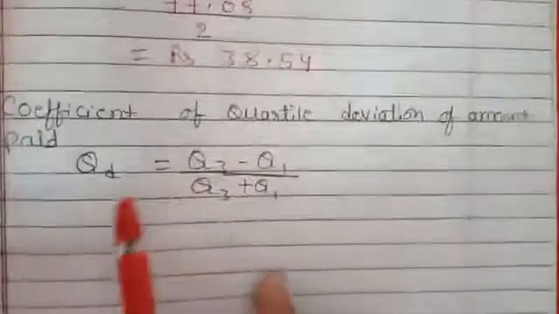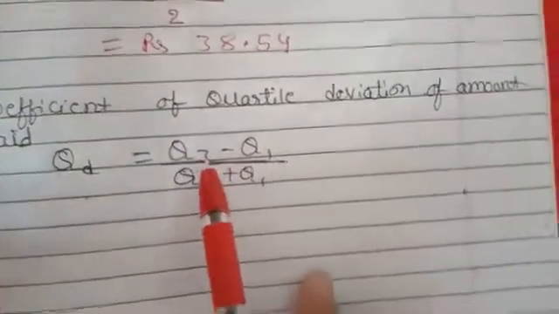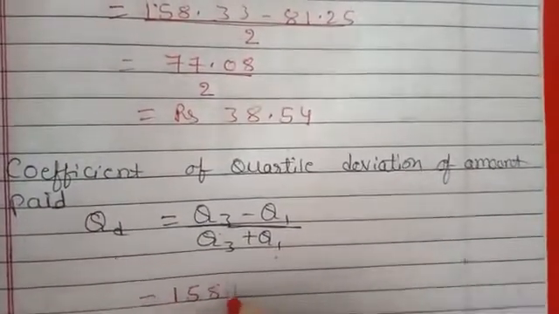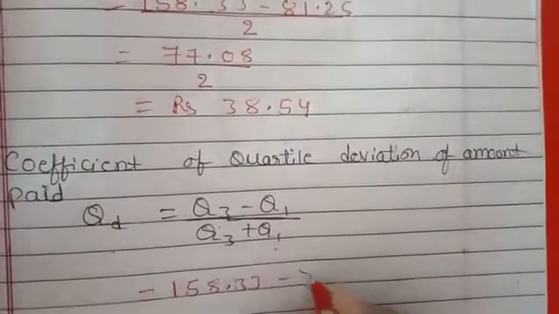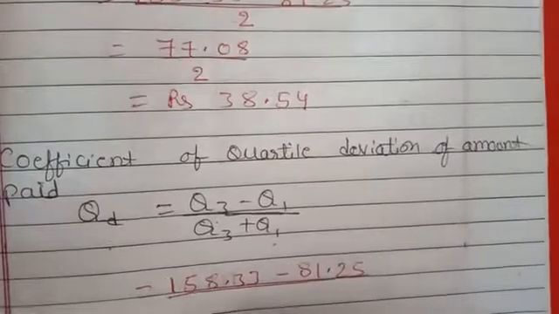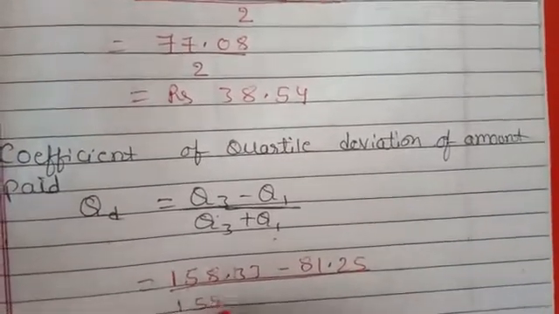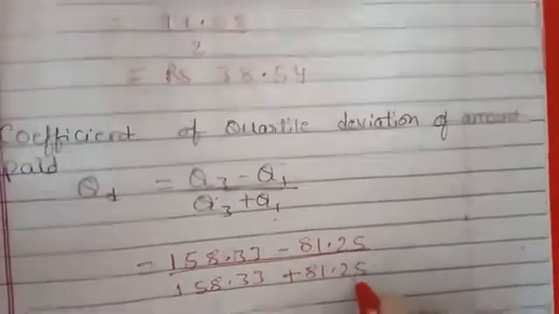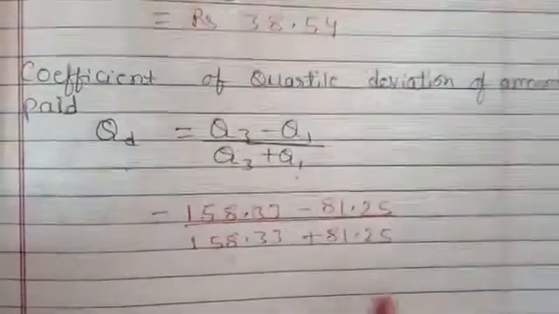Now we will find the coefficient of quartile deviation. So the formula for the coefficient of quartile deviation is Q3 minus Q1 upon Q3 plus Q1. We will replace the values: 158.33 minus 81.25 upon 158.33 plus 81.25. Right? Subtraction and addition. The subtraction we already did for the quartile deviation.